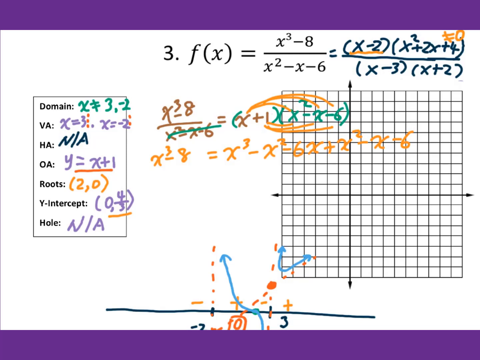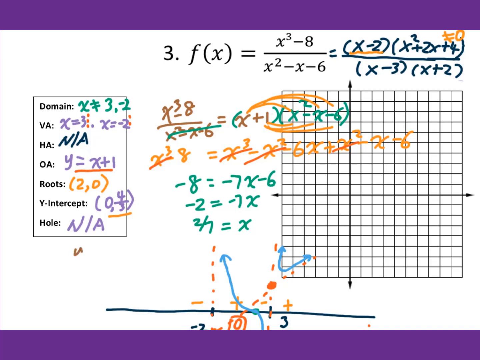Then you combine like terms. This x squared is gone. This is gone. So we get -8 equals -7x minus 6. Add 6 to both sides, we get -2 equals -7x. So x equals 2 over 7.